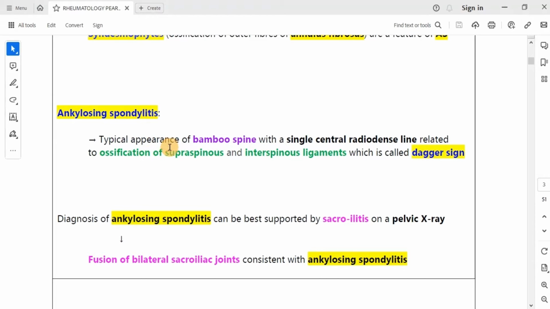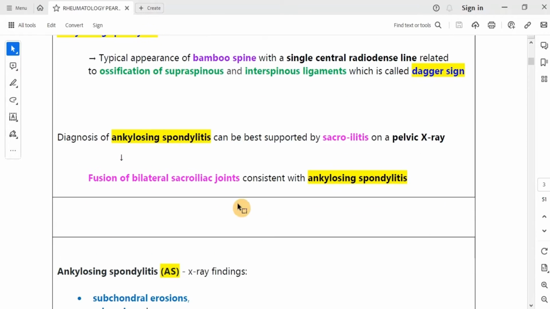Ankylosing spondylitis has a typical appearance of bamboo spine with a single central radiodense line related to ossification of the supraspinous and interspinous ligament, which is called the dagger sign. So in advanced ankylosing spondylitis, it will ultimately give rise to the bamboo spine, which will look like a dagger sign.